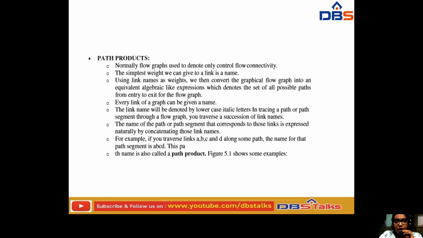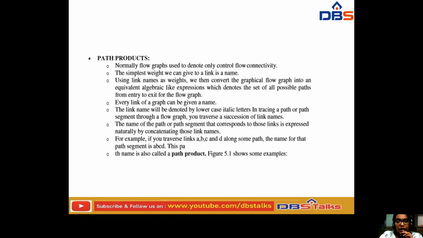So every link of the graph can be given a name. Definitely each and every link can be given a name, such that the link name will be denoted by lowercase italic letters in tracing a path or path segment through a flow graph. Through a flow graph, we can traverse a succession of link names.